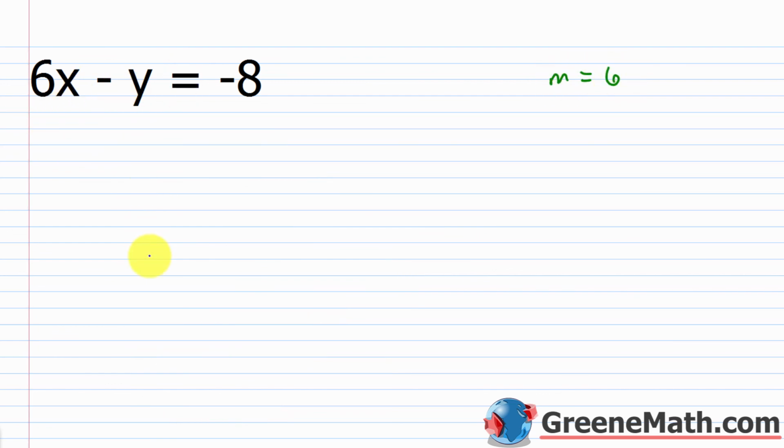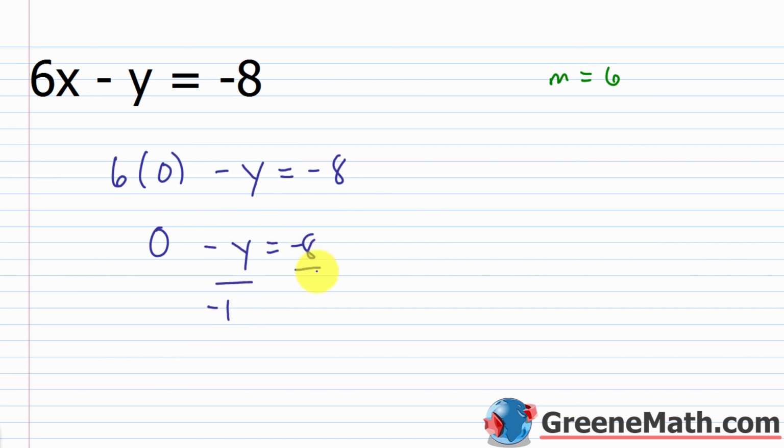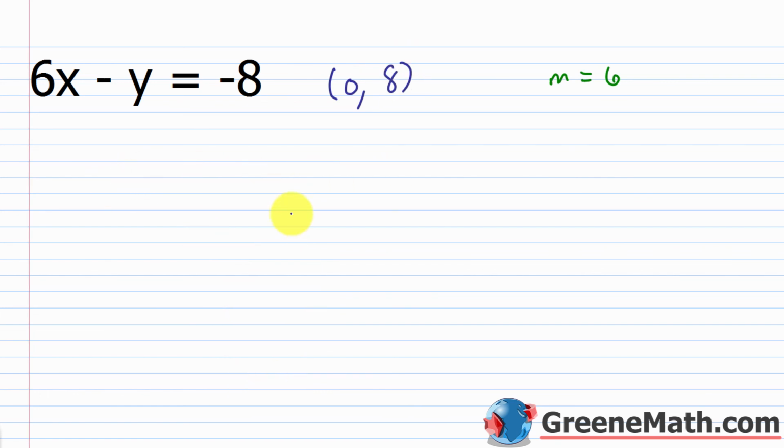Let's just say that x was 0. So 6 times 0 minus y equals negative 8. So this is 0 minus y equals negative 8. Divide both sides by negative 1. And I'll have y is equal to 8. So if x is 0, y is 8. That's 1 point for us. As another point, let's say x was negative 2.